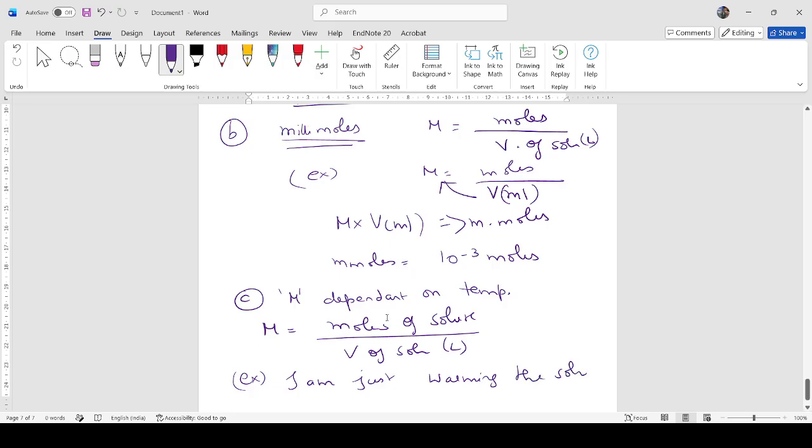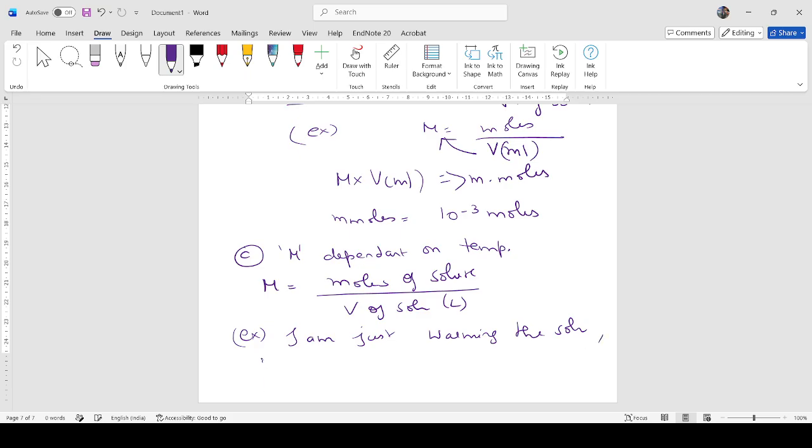As I warm the solution, what would happen? The liquid molecules are going to absorb the heat. As they absorb the heat, kinetic energy should increase. As the kinetic energy is increasing, slowly there will be a little bit of expansion in their volume. Can we say that?